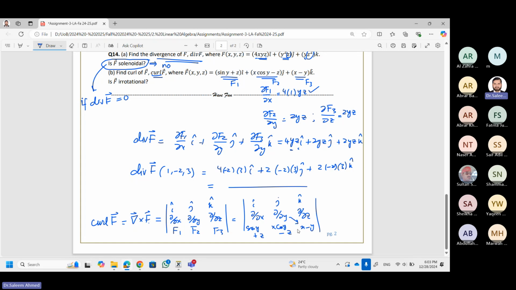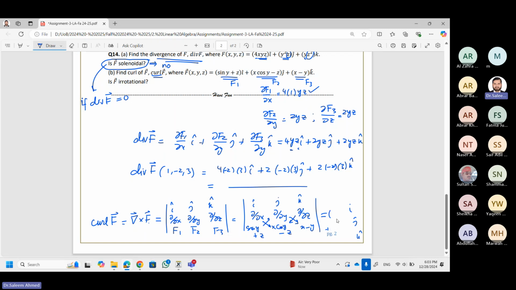Multiplication means take the derivative of this with respect to y. Partial by partial y of x minus y. Then partial by partial z of this. Similarly, when it's j, partial by partial x of x minus y. Partial by partial z of sine y plus z. For k, this minus this. So these are the derivatives basically with i, with j, with k.